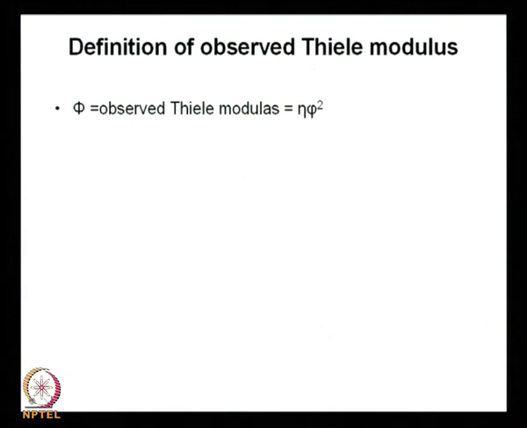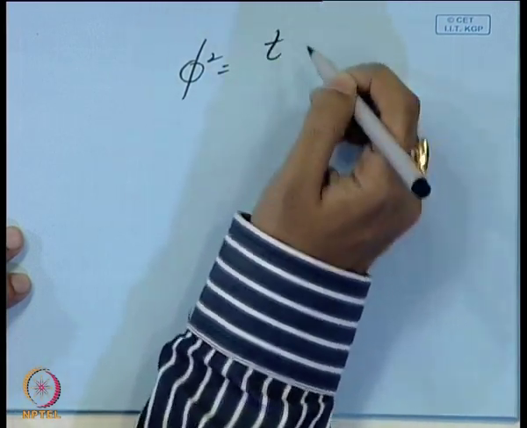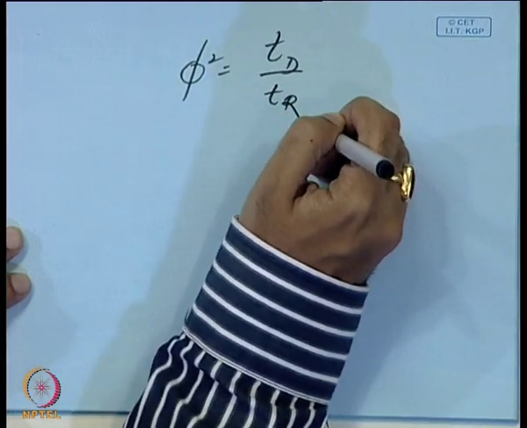So, the Thiele modulus should be diffusion time over reaction time. So, phi squared equals Td over Tr, okay.